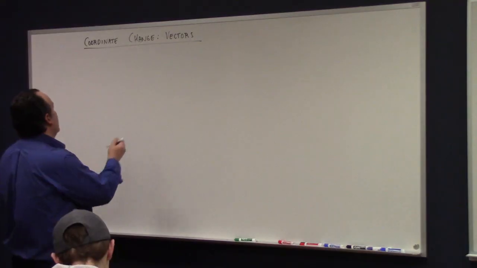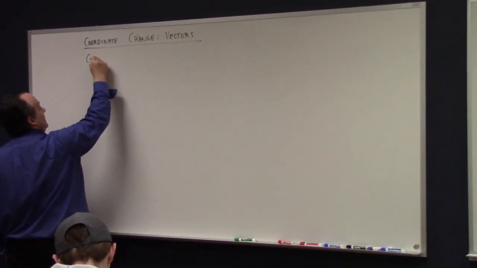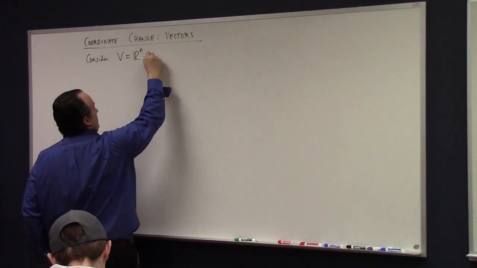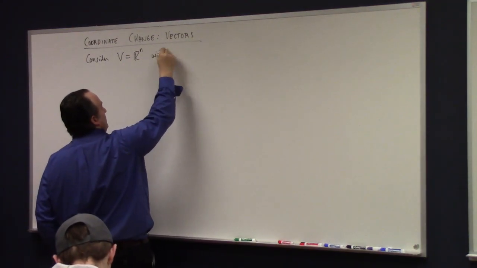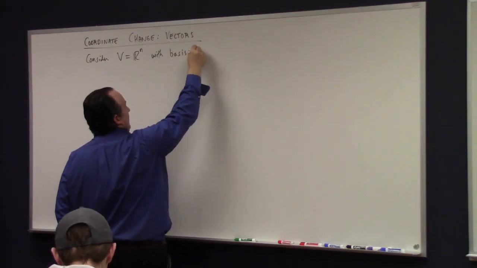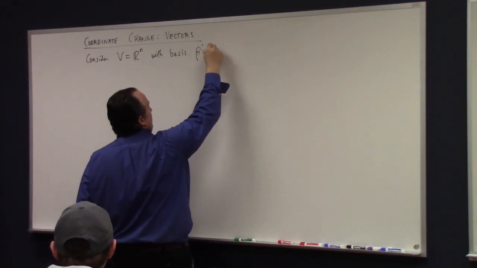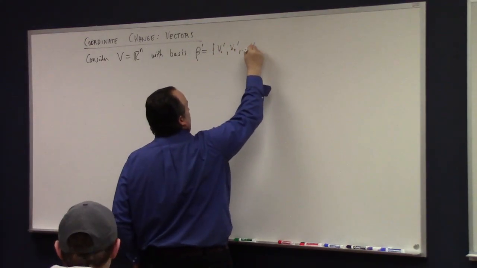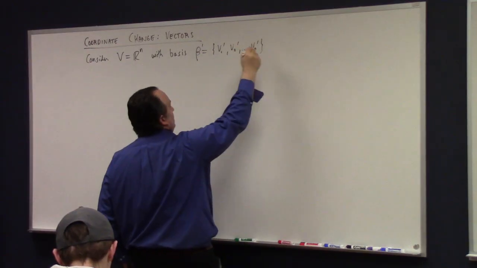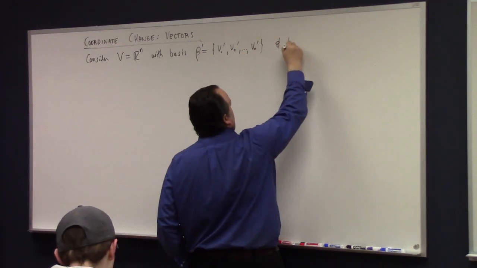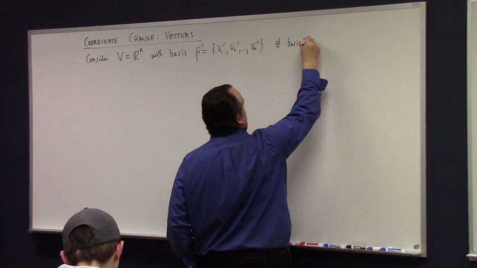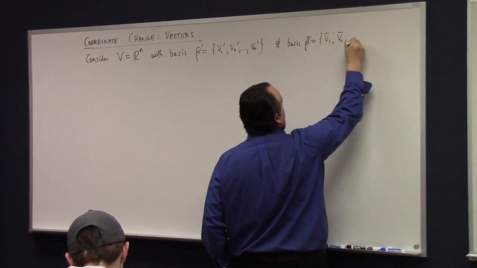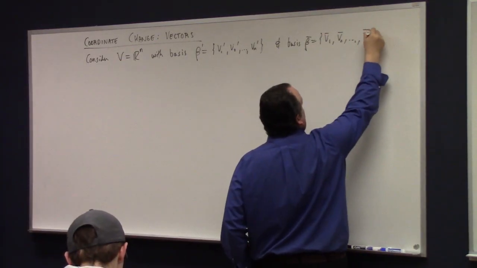So here we go. Consider V equals Rn with basis beta prime. So we've got v1 prime, v2 prime, vn prime. So that's one basis. And another basis, beta bar, and I'll just use v1 bar, v2 bar, vn bar for that other basis, all right?